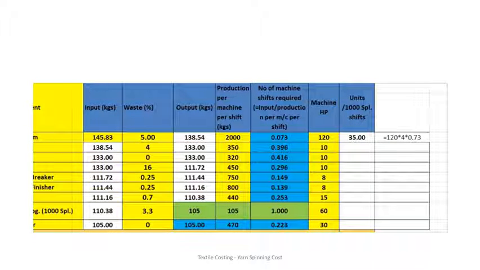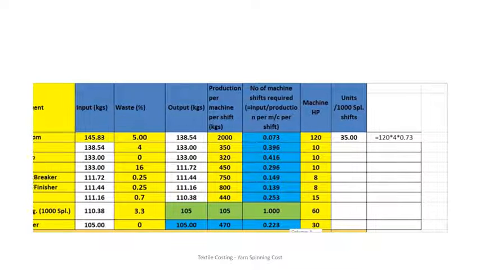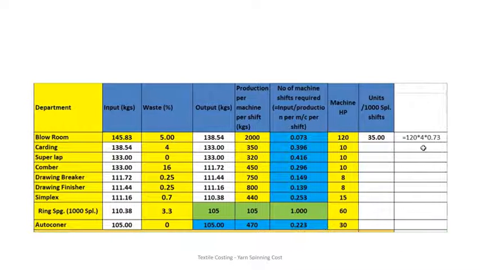So for the carding, we have the same: 10 into 4 into 0.396, which is 15.83, and next is 10 into 0.416 into 4.